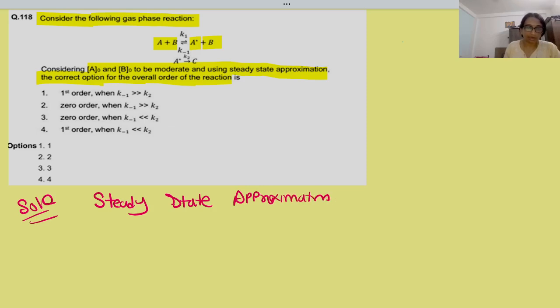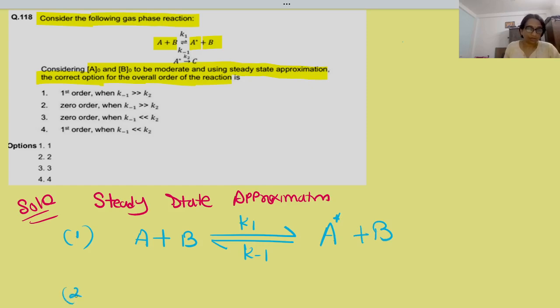In the given mechanism there are two steps. In step number 1, A plus B is reversible, with rate constants K1 and K minus 1, forming A star and B.